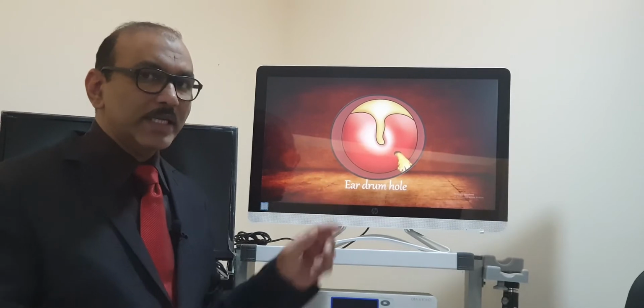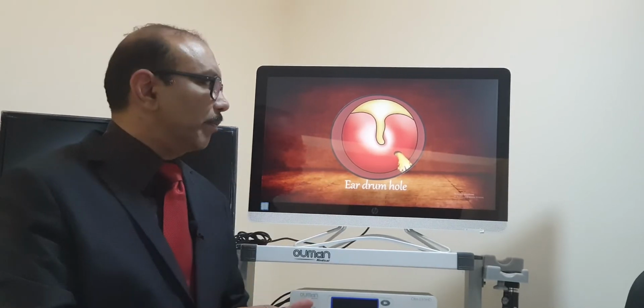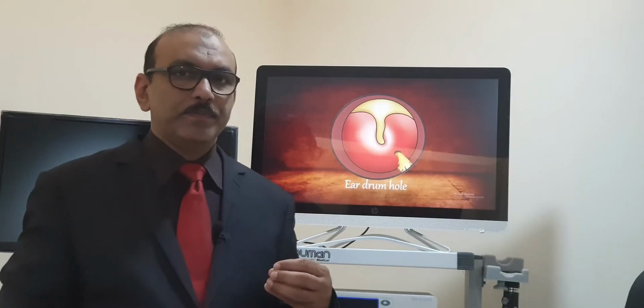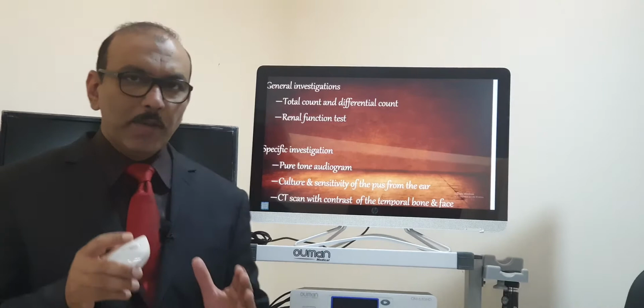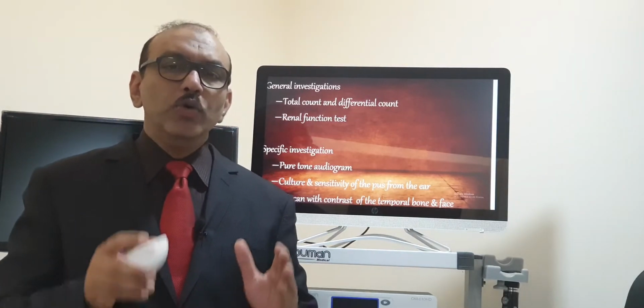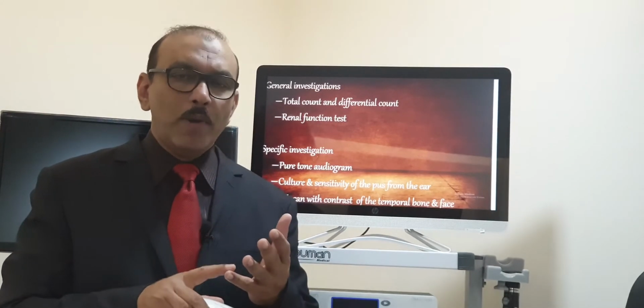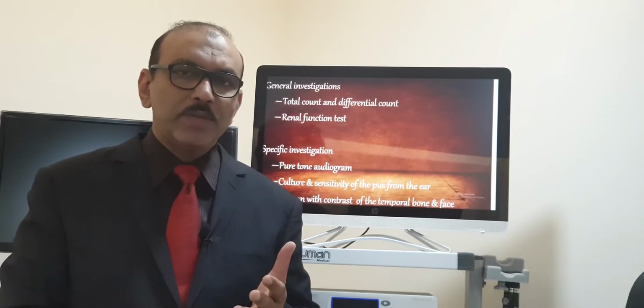On examination of the ear, after doing nice suction clearance of all the pus, we can see that there is a hole in the eardrum and the pus is coming out from inside. So these are the findings. We need to admit the patient and do all the investigations like normal routine blood tests.